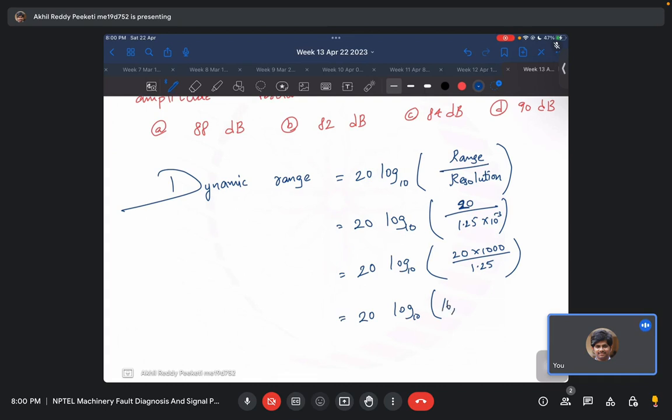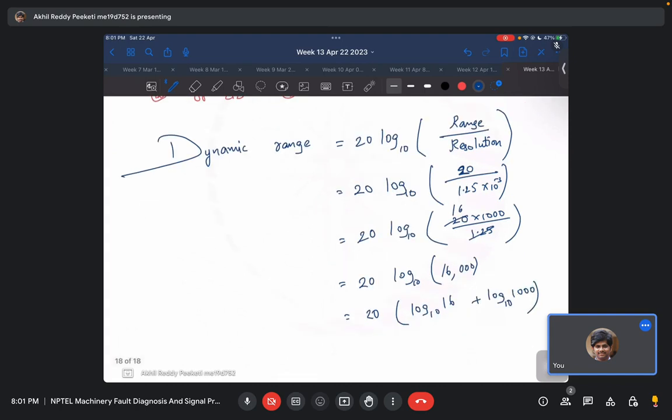So this would actually be 16,000. So you can write it as 20 log 10 16 plus 3, so this would be 3 plus log 10 of 16.